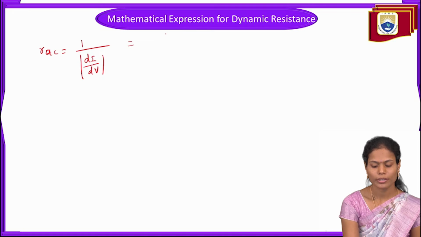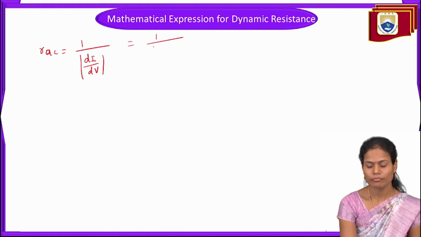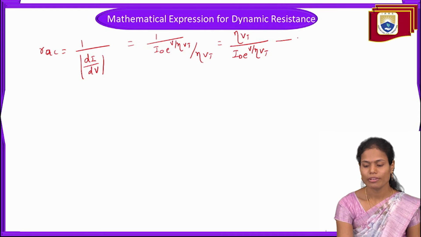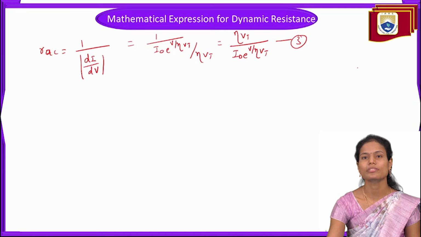That is nothing but 1 by I naught e power V by eta Vt divided by eta Vt. So this value is eta Vt by I naught e power V by eta Vt. This is the value of the dynamic or AC resistance here.